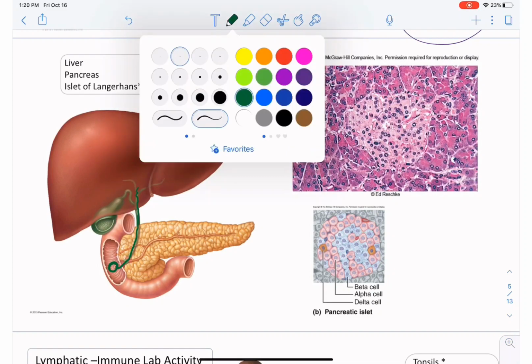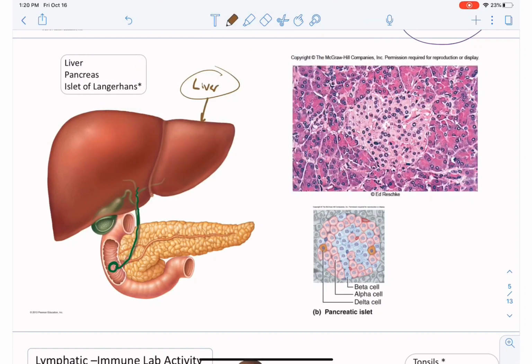What else does the liver do? The liver is an important metabolic organ. It's important in maintaining blood glucose levels. It stores glycogen and breaks glycogen down into glucose and ships it out into the blood. What else does it do? Well, it's important in detoxification.